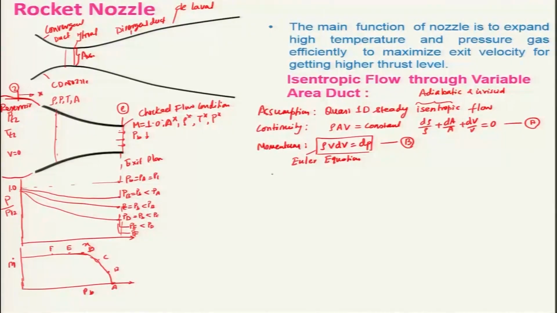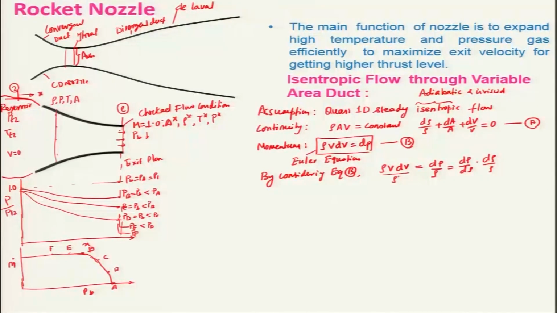Let us now consider equation B. We have rho V dV is equal to dP. We can divide this by rho, and I can write dP by d rho into d rho by rho.